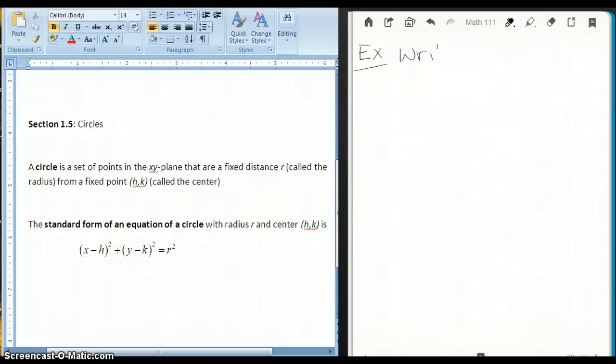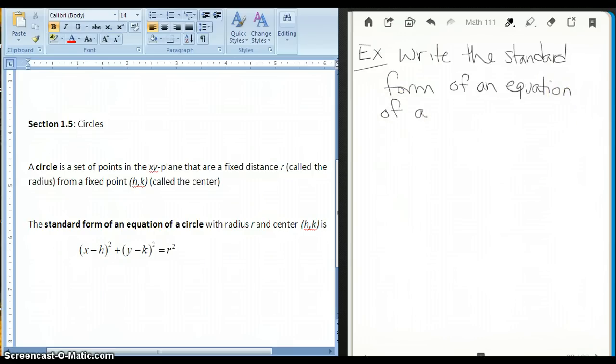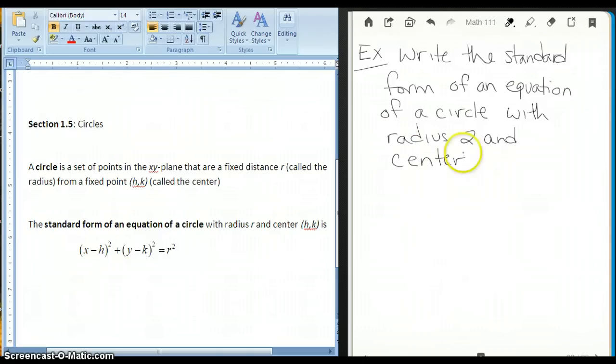So let's write the standard form of an equation of a circle with radius 2 and center, how about (3, 1)?